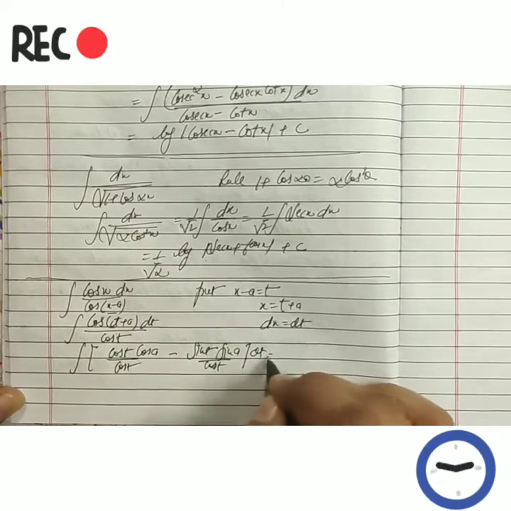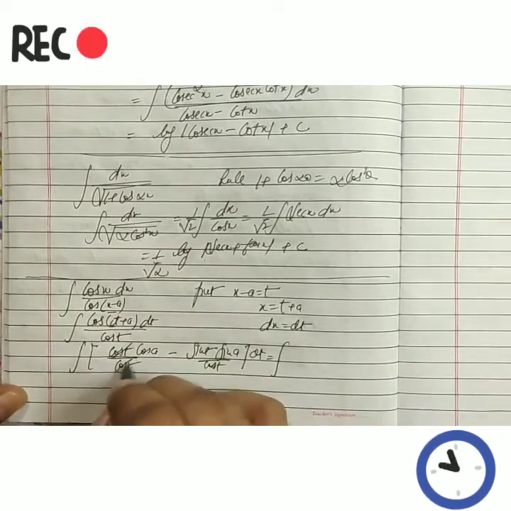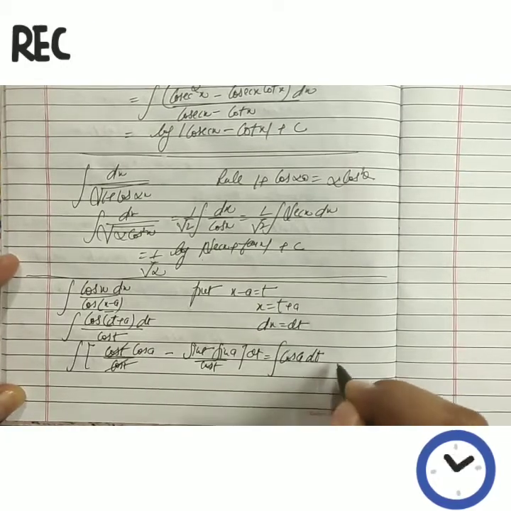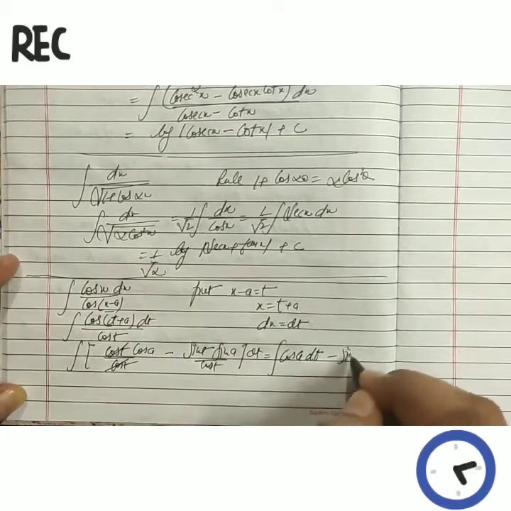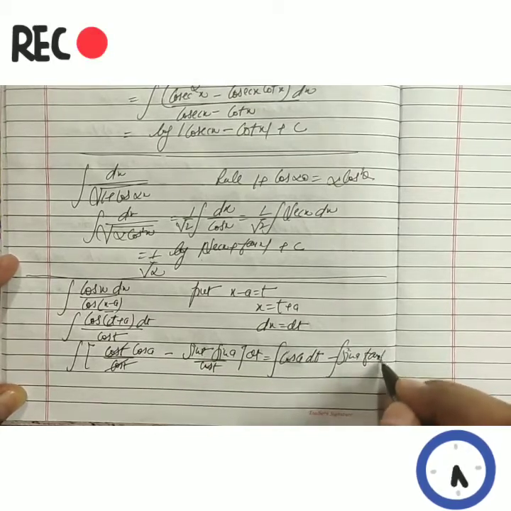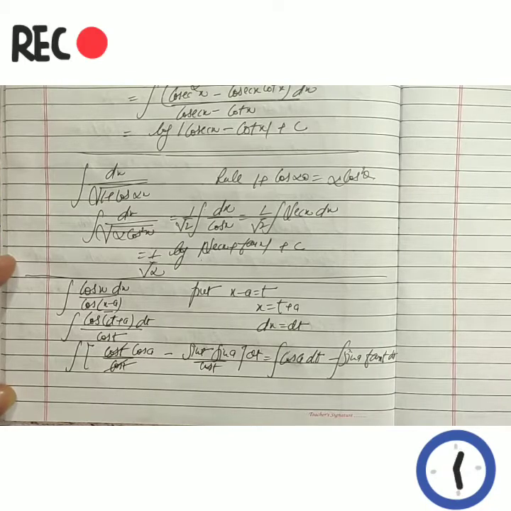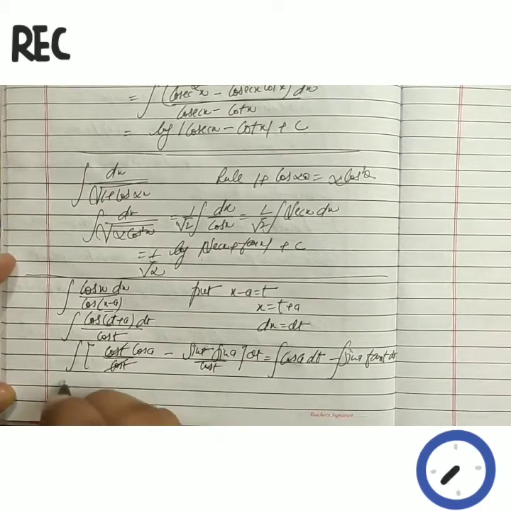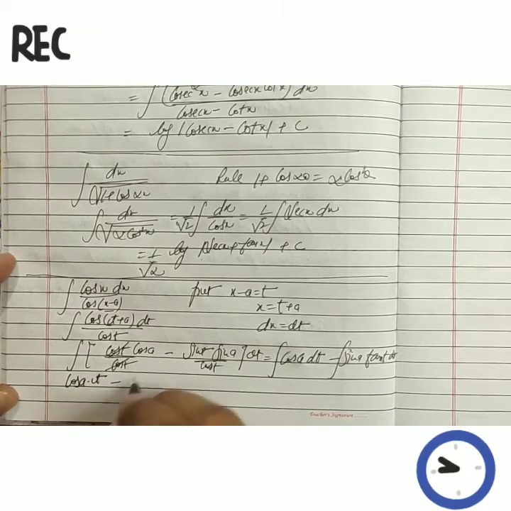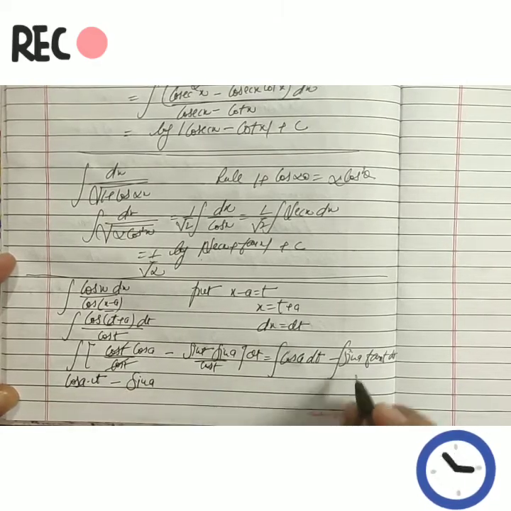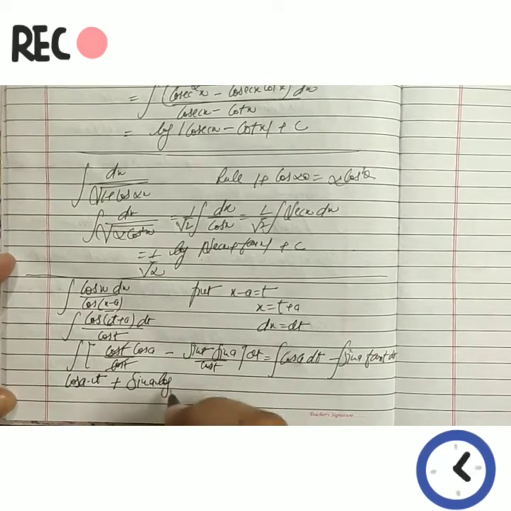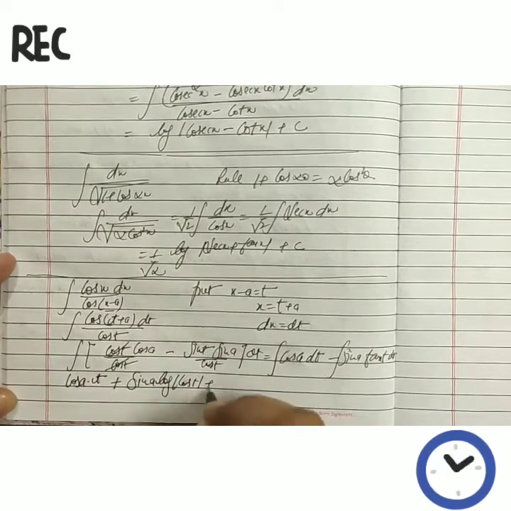with dt. If you see here, cos t cancels out, we get the first term as cos a dt minus sin a, sin theta by cos theta becomes tangent theta. Here cos a is constant, comes outside, integration of dt becomes t, minus sin a is constant outside, integration of tangent is given by minus log cos, so the sign changes, plus c.